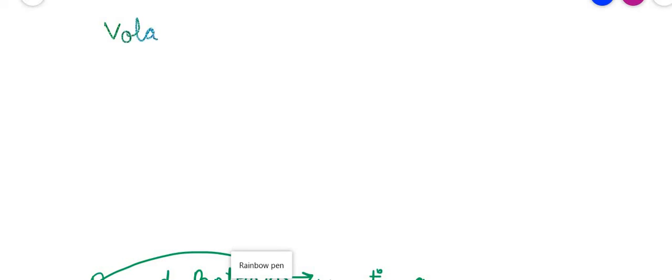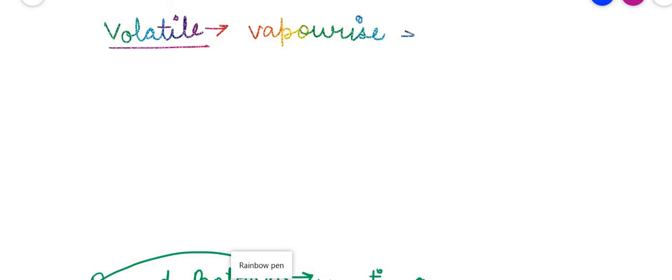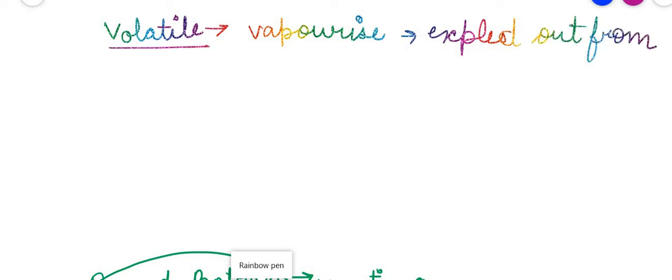Volatile means it vaporizes by itself and is completely expelled out from the reaction, out of the jar or beaker. That's why we are not using it for the preparation along with HCl. Okay, clear?